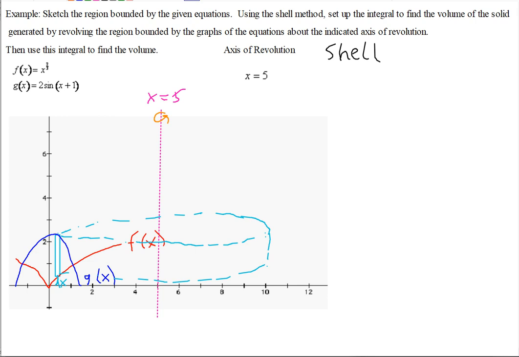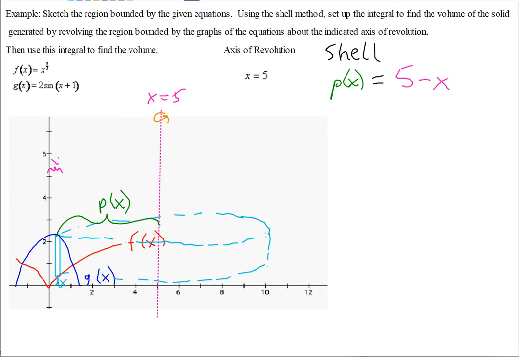So our radius, p of x, would be from here to here. That's the radius of the cylinder. So notice again, wherever your rectangle is, just x. So the one on the right would be 5 minus the one on the left is x. Another way you can see that, you can see this distance from here to here.